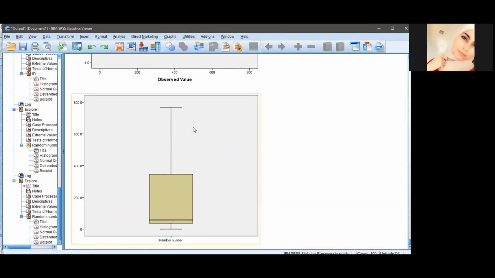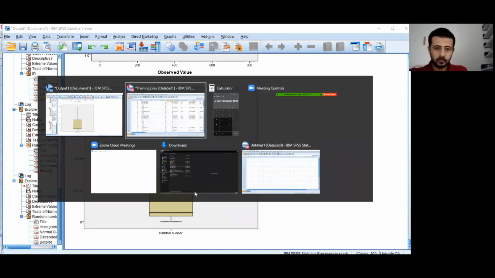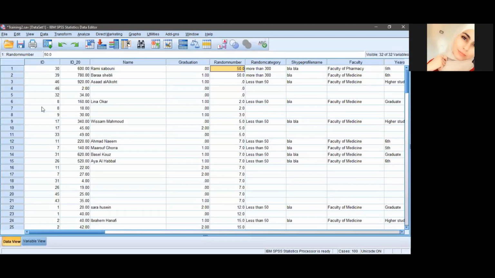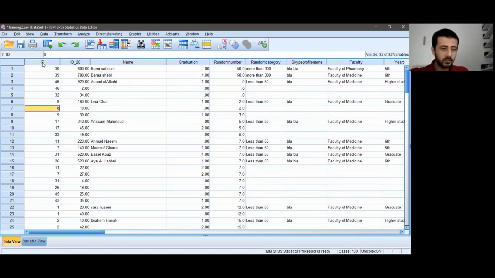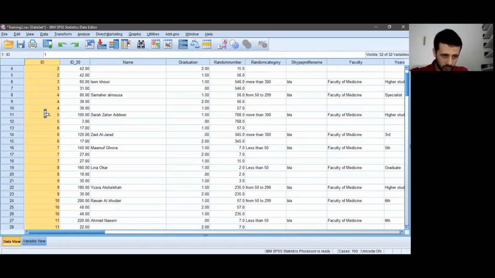So for all of those, we can't use the parametric tests. Do you agree? Yes. Okay, we will try to make the ID parametric or normally distributed. How can we do that?